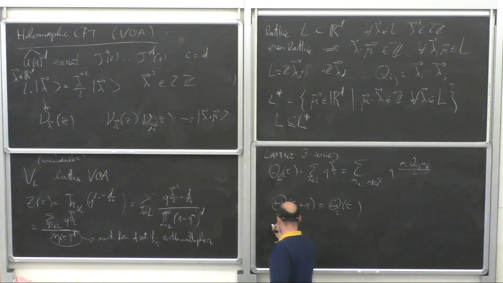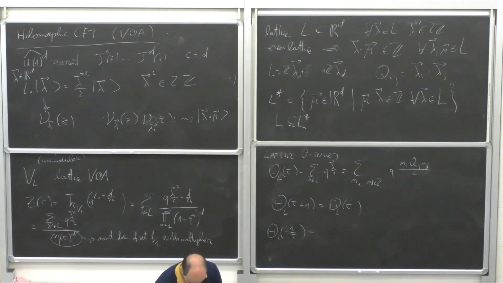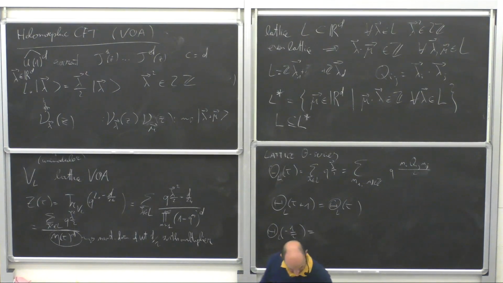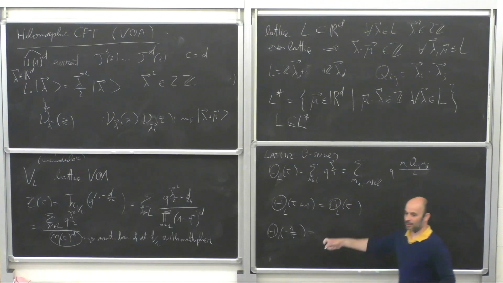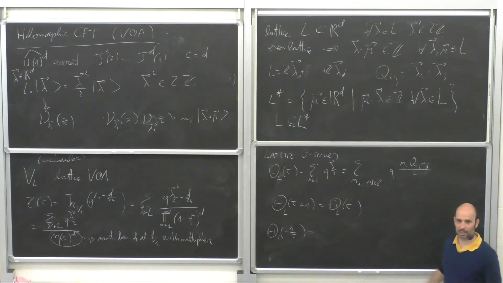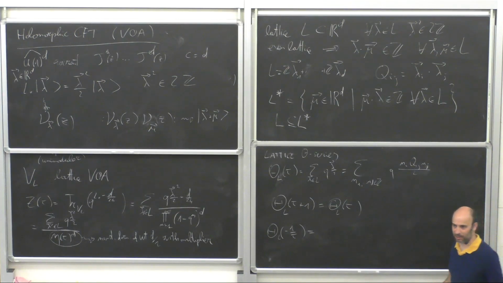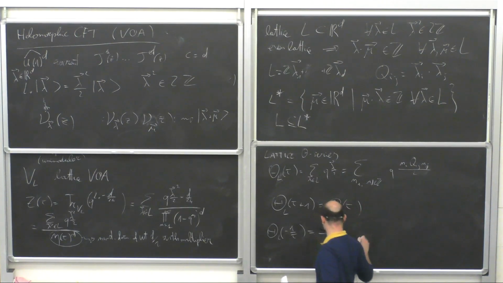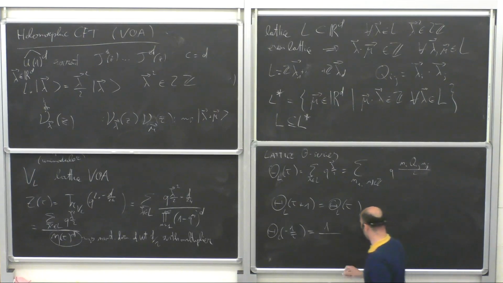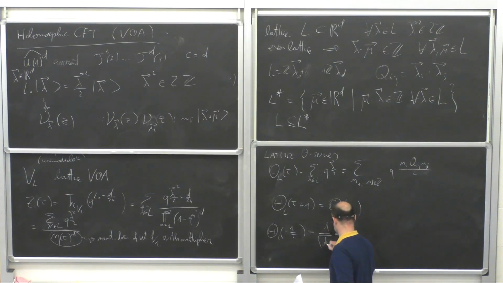So the nice thing is what happens when you do tau going to minus 1 over tau. You have to do some calculation here, but essentially using the Poisson resummation formula, what you get is something like that in general.